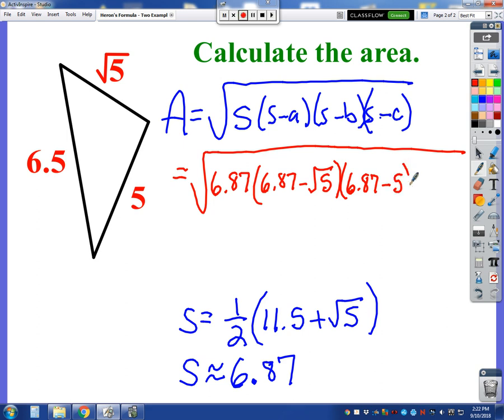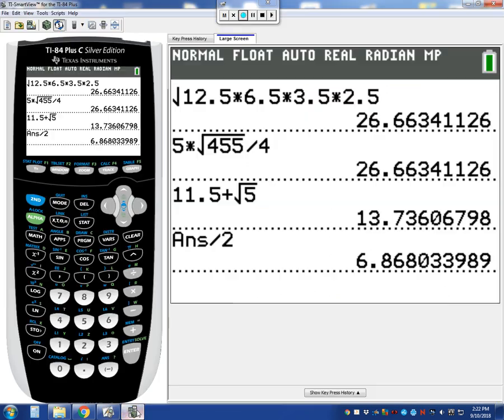So I'll just pick 5 since it's the medium. And 6.87 minus the longest side, 6.5. Now this for sure isn't going to be fun to try to simplify in any way. So again, I would just type all of that into my calculator. And you can do it little bits by little bits until in the end you're doing the whole thing. But I'm going to type it all in in one shot here, to the best of my ability.